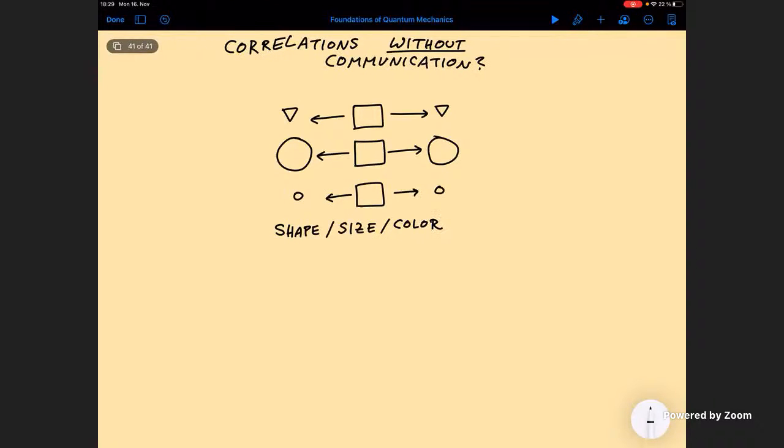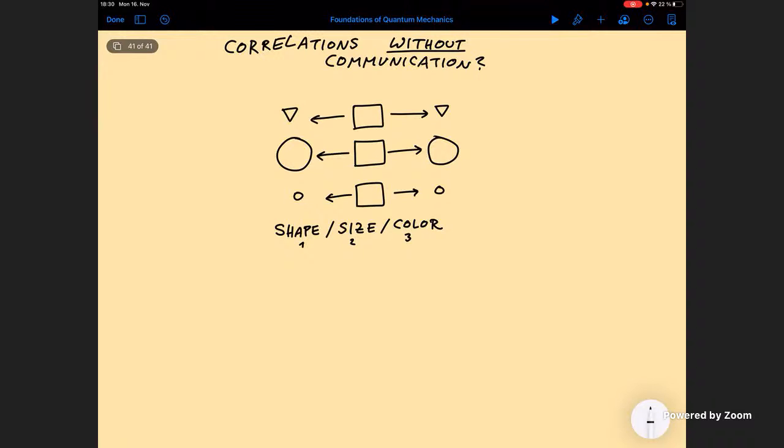Actually, if there are only 2 outcomes, red or green, you should have only 2 shapes, 2 sizes, and 2 colors. The setting could pick which one of these is measured. And the fact that if you take the same setting you get the same result is very simple to understand, because these are identical objects going to the left and to the right.